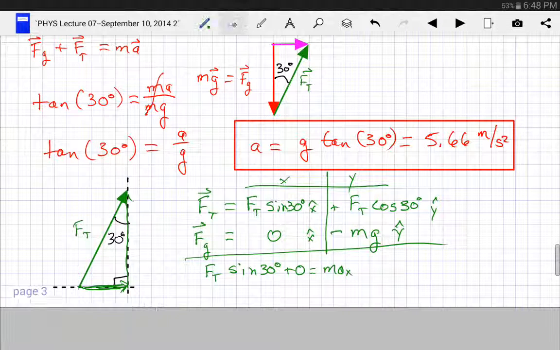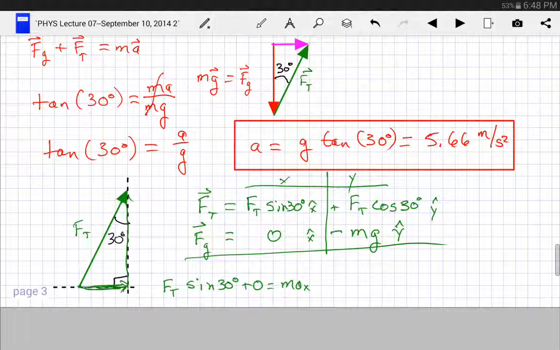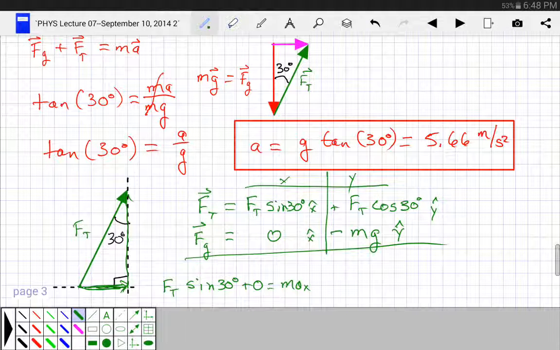Didn't quite fit, but I'm going to move that. Now it fits. And I should have actually put here, that was sum of the forces in the x direction equals mass times acceleration in the x direction. Over here, sum of the forces in the y direction equals mass times acceleration in the y direction.